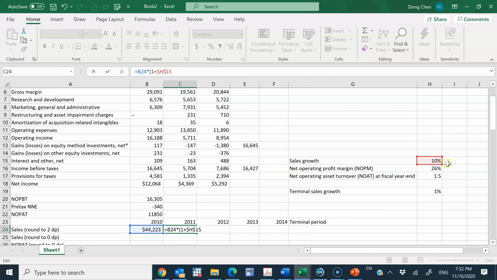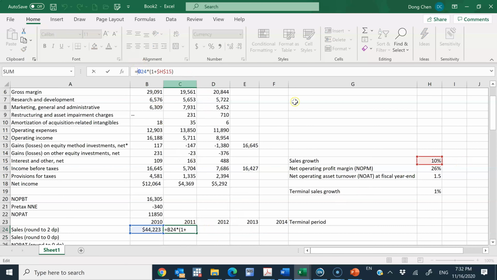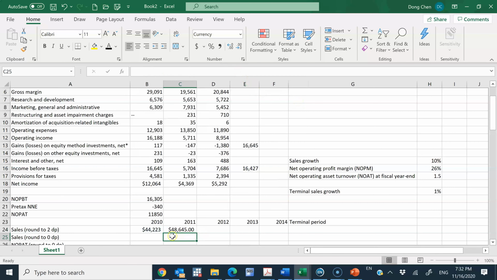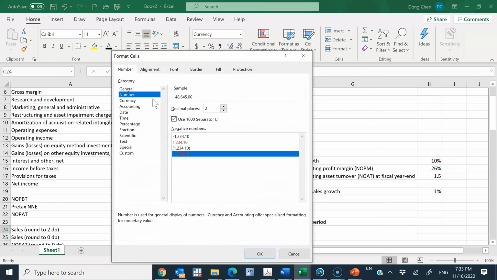But I don't want that to happen. So I just do this, and then I need to use the round function to 0 decimal places. And I guess this is because I didn't format sales to keep the 0 decimal place.